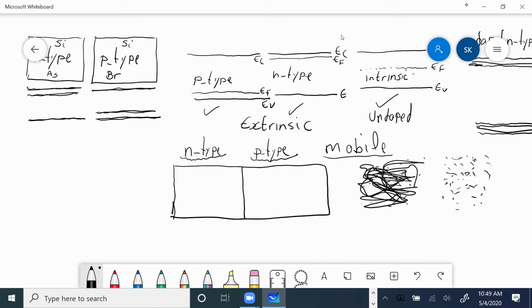For example, we have 10 to the power 18 electrons, 10 to the power 18 holes, and they can also travel everywhere. They are mobile, they can fizz around as much as they want. That is true. I'm not just saying it. It is actually what happens inside a piece of silicon.